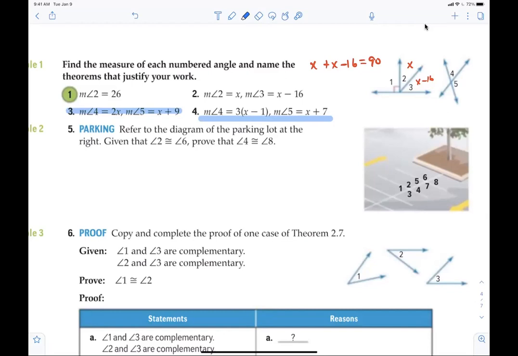Equals what? 180. Yes, but I'm not sure how you got the 6. Oh, no, it's not 6. What is it? It's 4. Yes, thank you. So he did a little work in his head, but I'm okay if you just wrote 3 parentheses x minus 1 plus x plus 7 equals 180. Don't solve that. I just want to make sure.